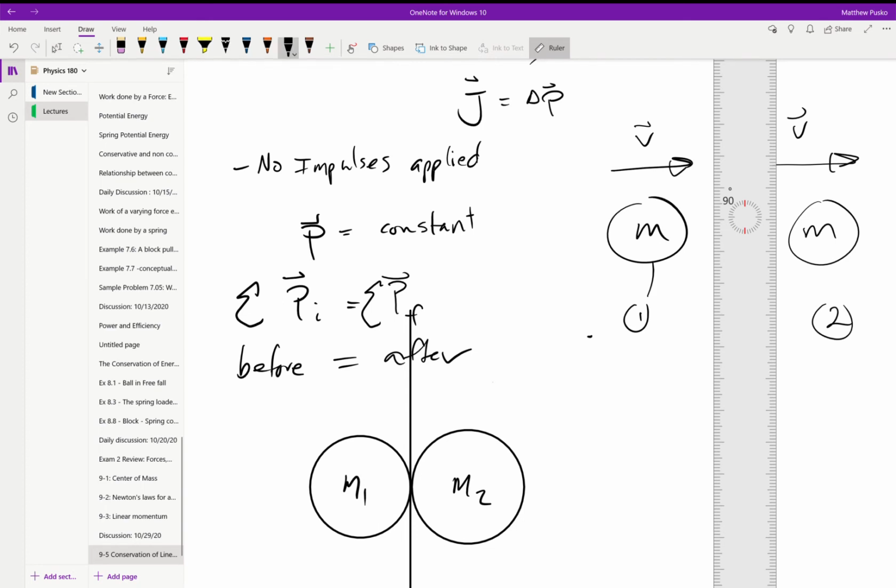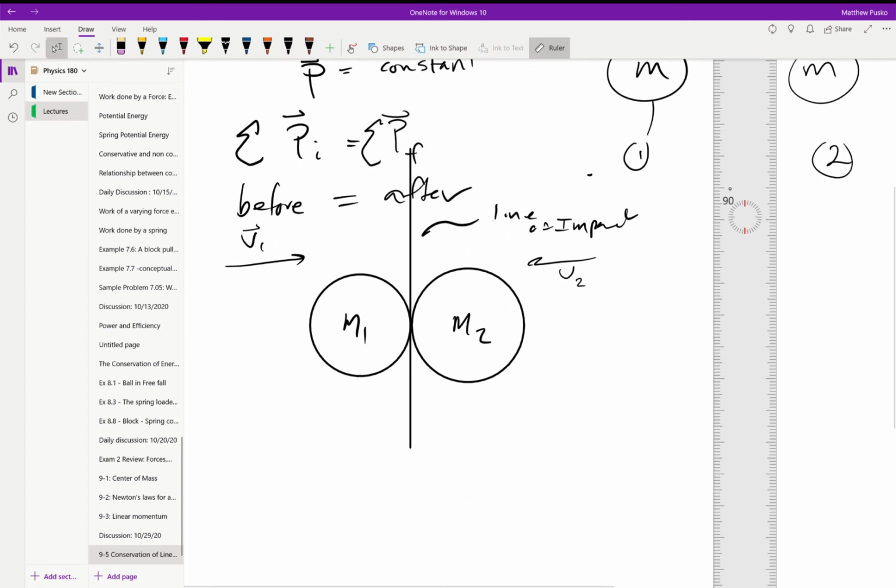They hit this line of impact right here. And let's say one had some initial velocity of 1 and the other one is coming in this way. Well, we can say that the momentum before the collision is equal to the momentum after. So we'll assume that they're equal enough in mass so that this one also will rebound back, and this one would also rebound back.